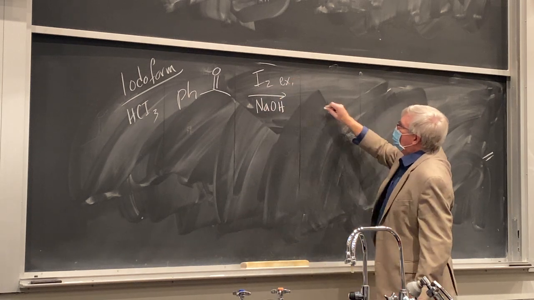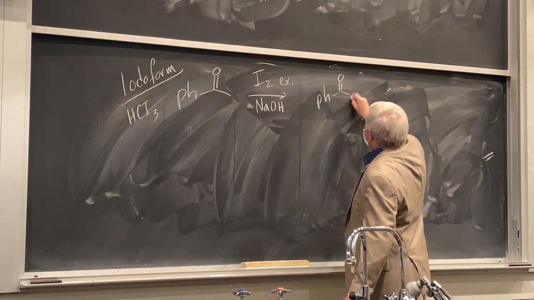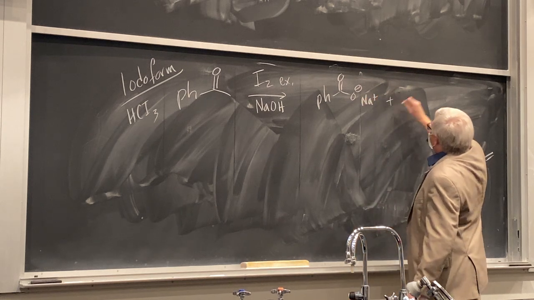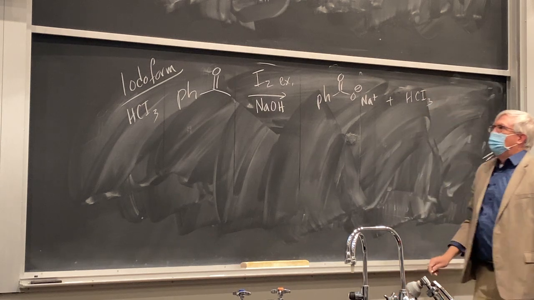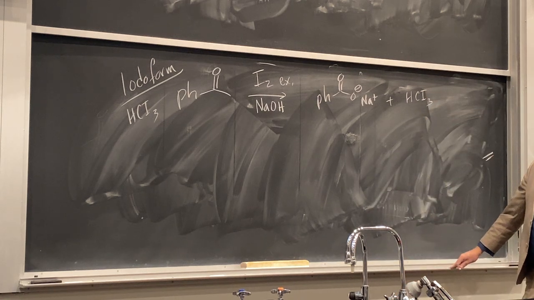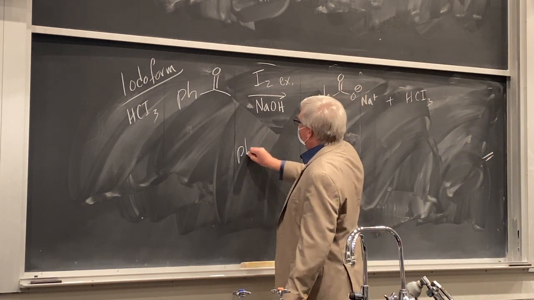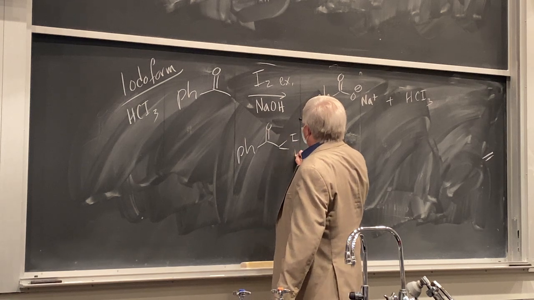So that's what it is there. And the product is this. And this will seem kind of crazy, but there it is, okay? And what you can see is excess iodide. We are over-halogenating this methyl ketone, and it has to be a methyl ketone. So here we got 3 iodides on there.